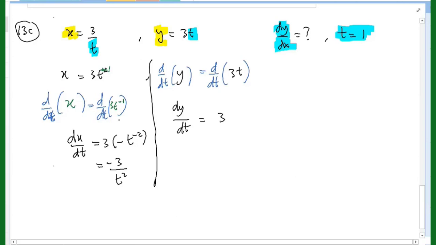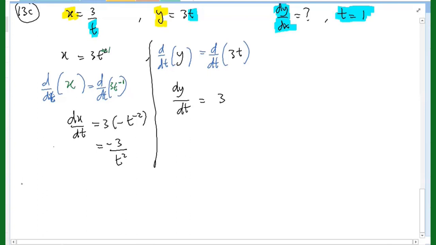So we need to find dy dx. You see the chain rule: dy dx equals dy over dt times dt over dx. If you cancel dt, you still get dy dx.